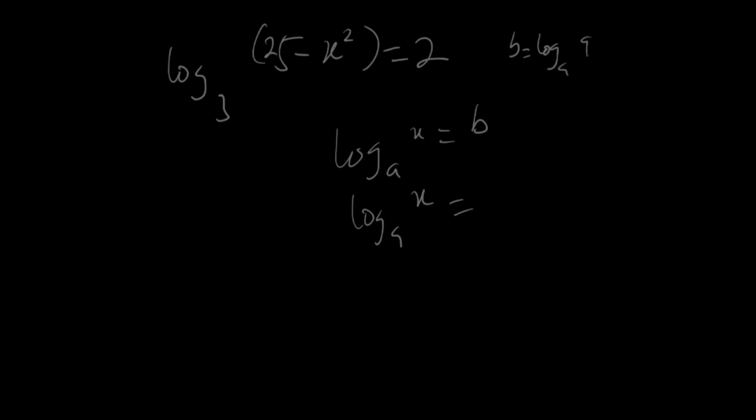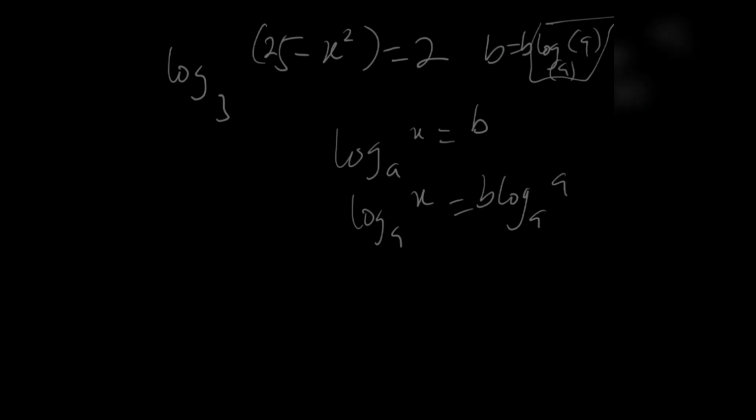One of the properties states that if you have a logarithm whereby the number you are finding the logarithm of is the same as the base, it is definitely 1. So b is the same thing as b multiplying log of a to the base a, because the whole of this is 1, so it gives the same thing as b. So it's the same thing as b log to the base a of a.